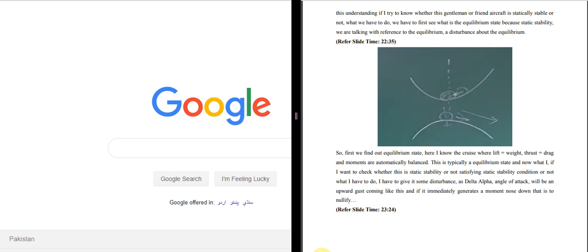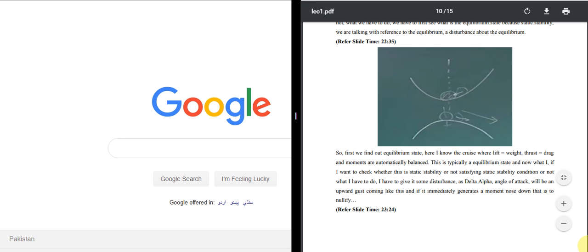The angle of attack changes, say an upward gust coming like this, and if it immediately generates a nose down moment, that is to nullify it. That explains the state of equilibrium, and static mode as well.